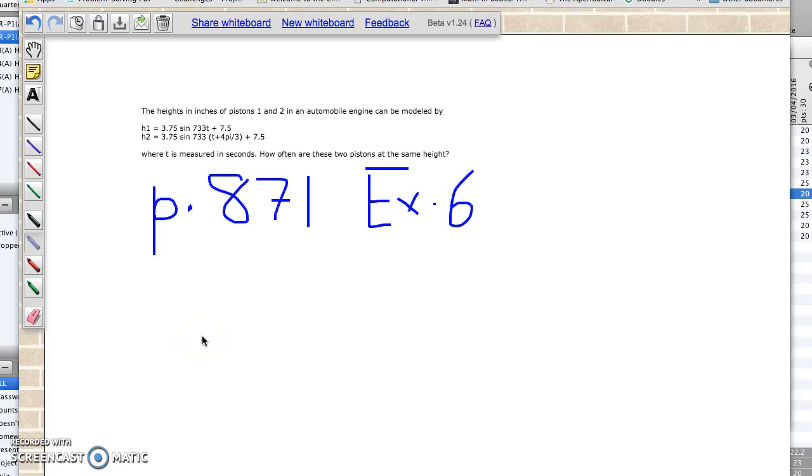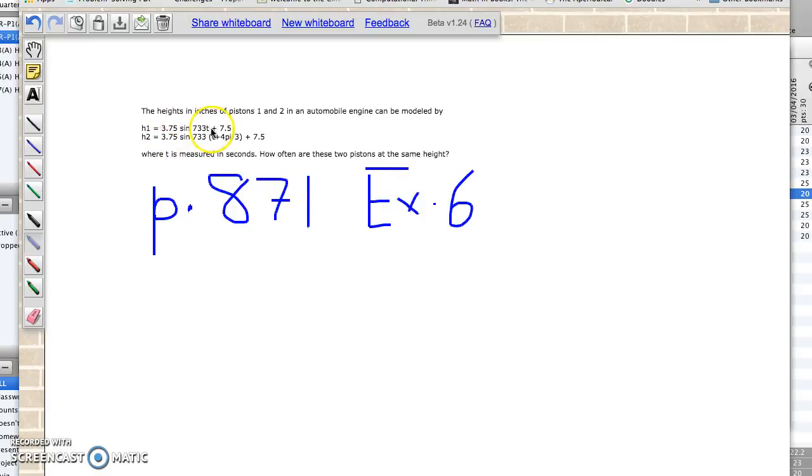Now, if you want a challenge problem, on page 871, example 6, they try to put this in a real world context. The heights in inches of pistons 1 and 2 in an automobile engine can be modeled by a sine function, and the question is, when are these pistons at the same height?